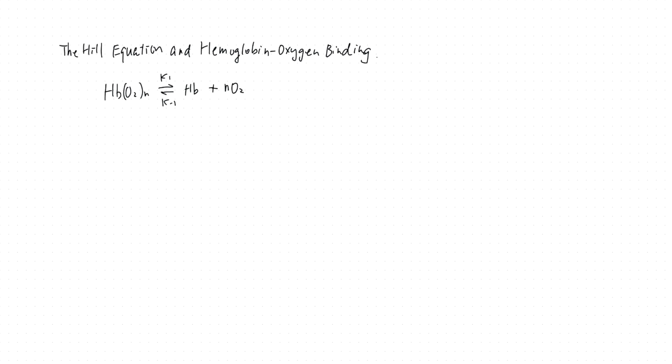The Hill equation provides a model that says: if you have effectively n oxygens binding to one hemoglobin protein, then we derive an equation, and it gives us an effective number, the hemoglobin Hill number n. So this n is the Hill number.